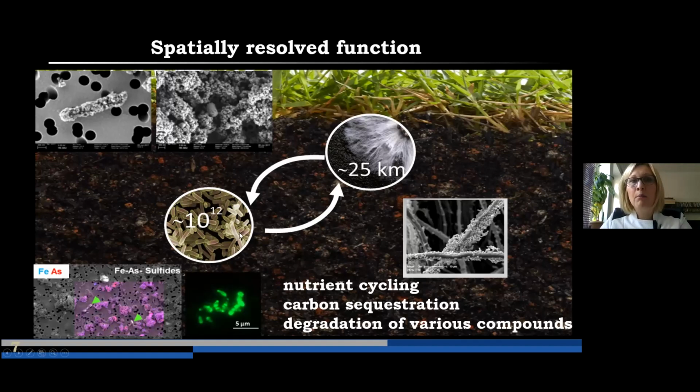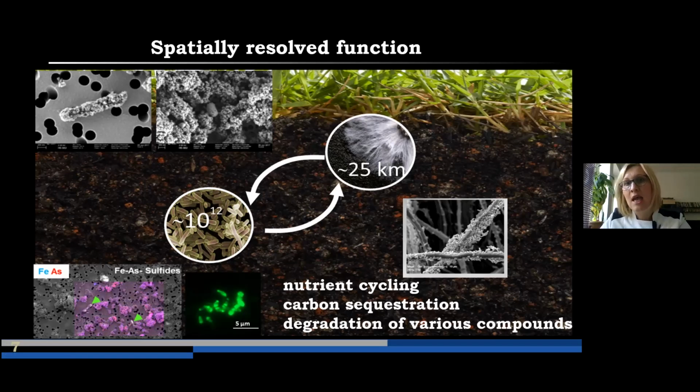And they are most of the time living associated with inorganic and organic particles, and also with fungi, which have huge networks in this soil. So when you apply correlative and chemical microscopy analysis, what can you find out in such a complex environment? What you can understand is spatially resolved function.